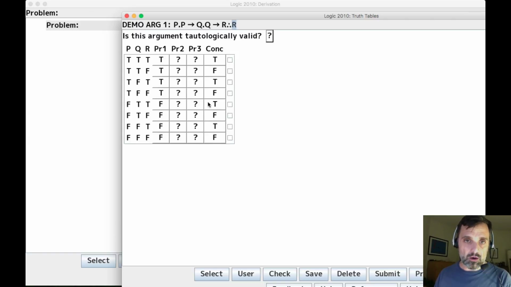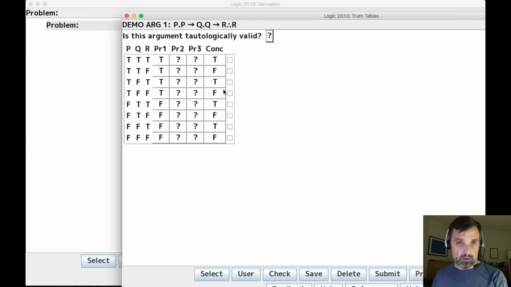These rows aren't counterexample rows because there's a false premise. And these rows, the first row and the third row, are not counterexample rows because the conclusion is true. So the only rows we even need to worry about at this point, before we've done any work, are the second row and the fourth row. Is this a counterexample row, and is this a counterexample row?